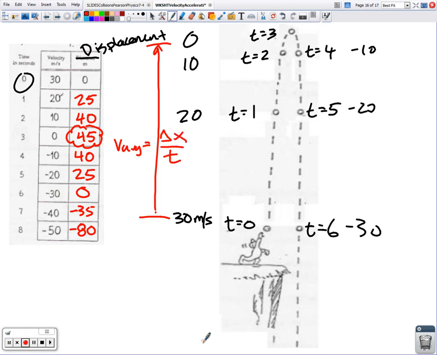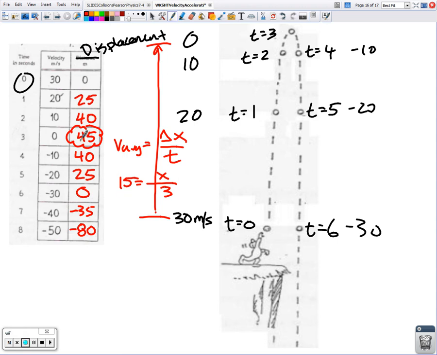The average velocity during that up trip starts at 30, ends at 0. The average velocity is going to be what? 15. We're trying to find the displacement. How much time are we talking about? It takes 3 seconds to get to the top.